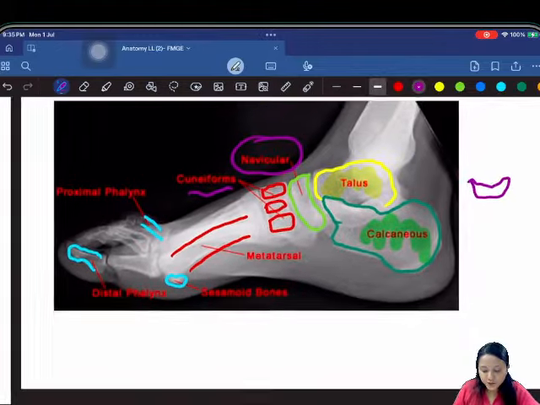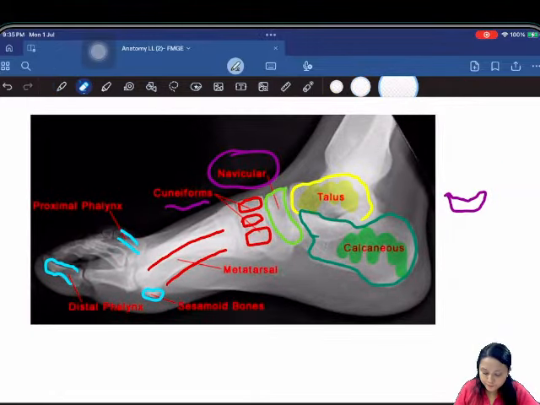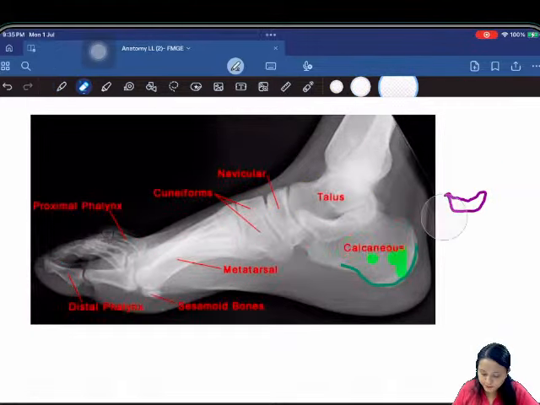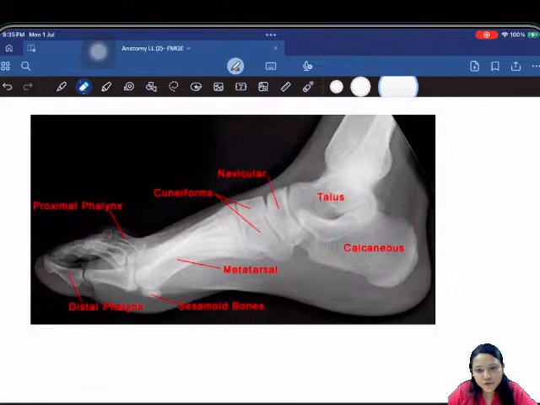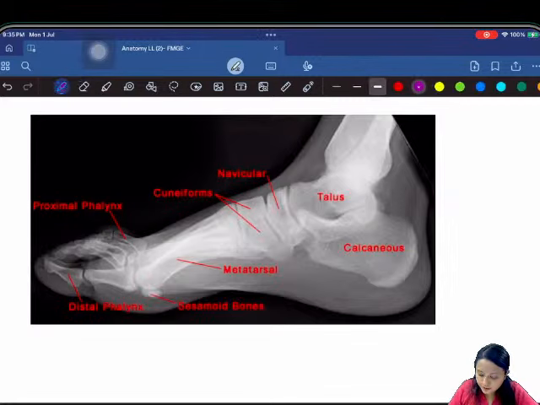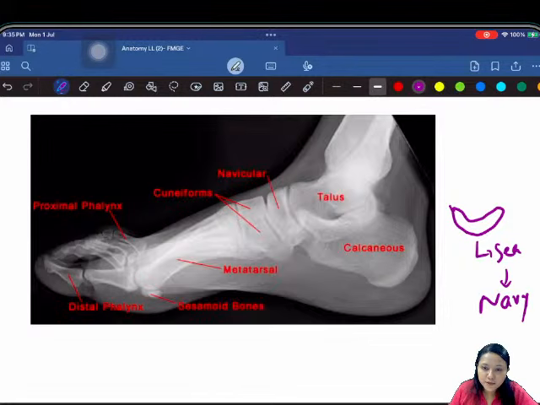So it's very easy to identify. If you see this X-ray just before the exam, try to look at it and then go. And remember that the boat stays in the sea and in the sea stays the navy. So anything which you see like a boat, which is like lunar shape, that is your navicular bone.